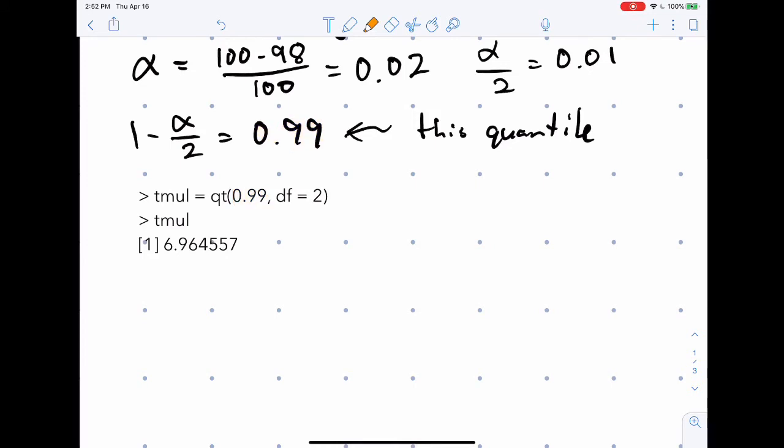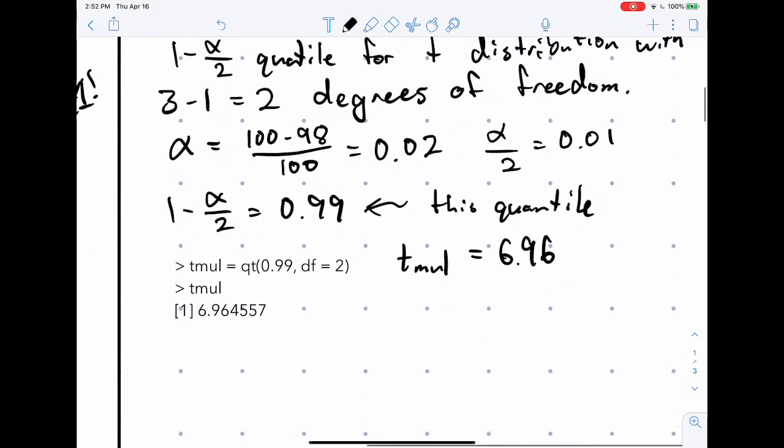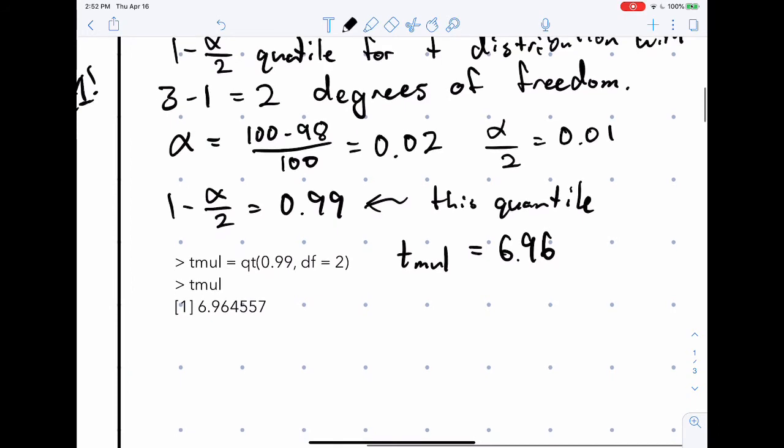The degrees of freedom is 2, since 3 minus 1 is 2. And we get this number out. So the t multiplier here should be equal to 6.96. You can find this from the table or from R, as we've shown. That's the one that we're interested in.